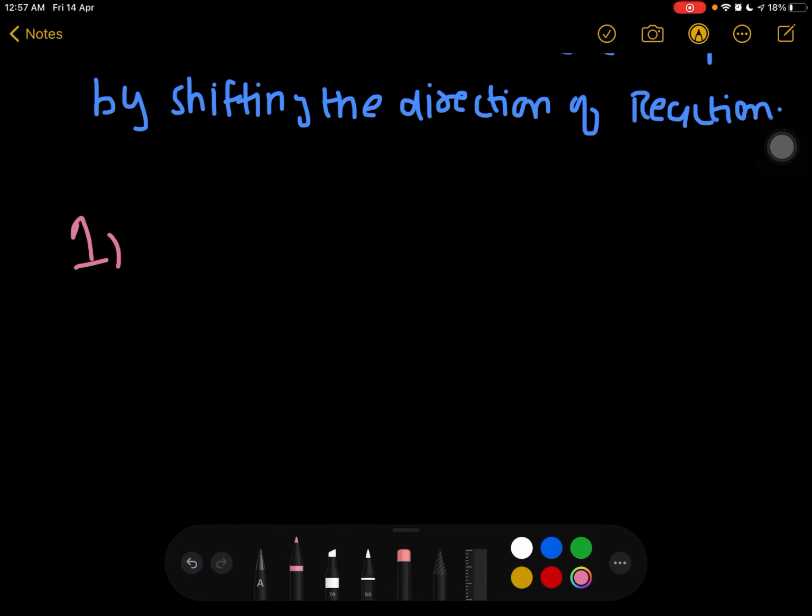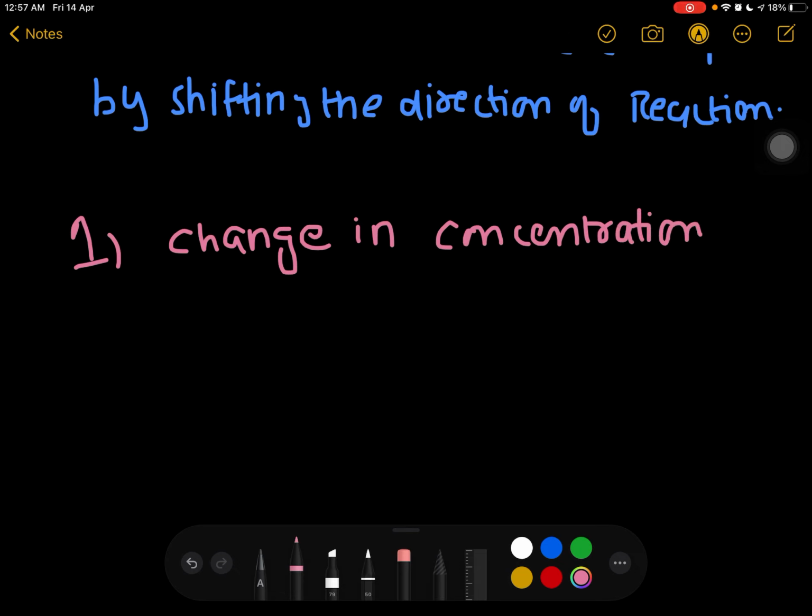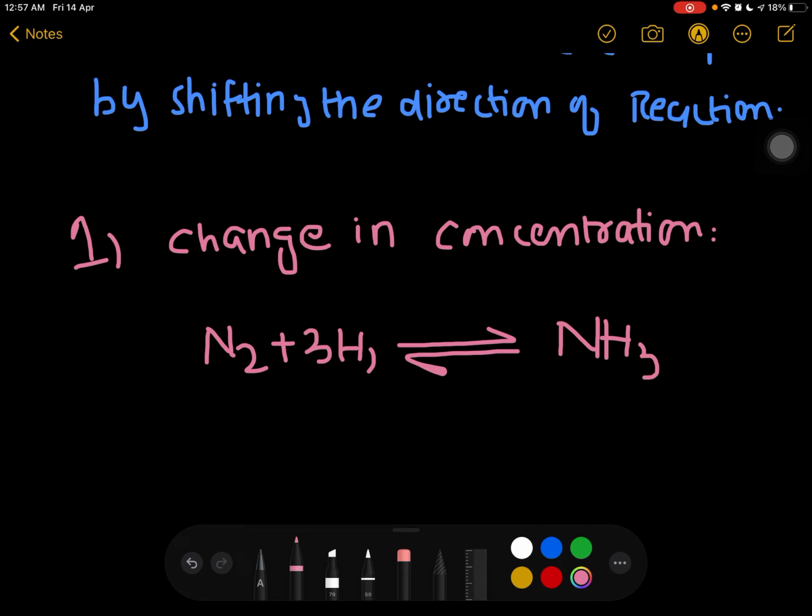If there is a change in concentration, consider that we have a reaction N2 plus 3H2 in equilibrium with NH3, right?